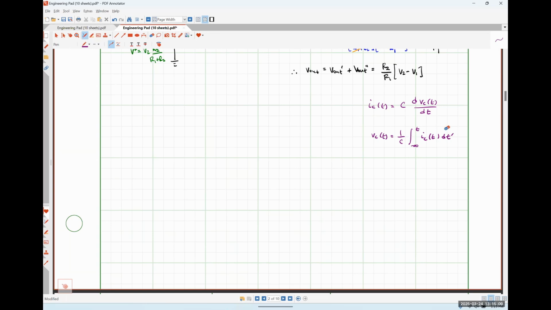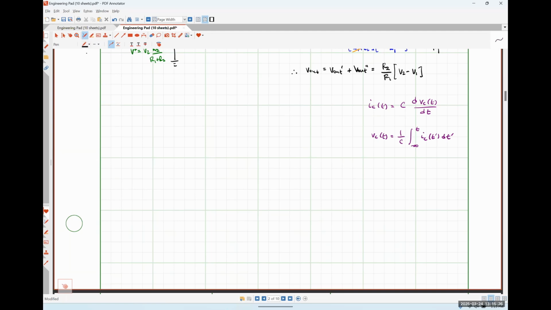I'm choosing the negative infinity representation of this integral just so that I don't have to bother with the initial conditions on the energy stored in the capacitor. This just makes the math slightly easier. Okay.